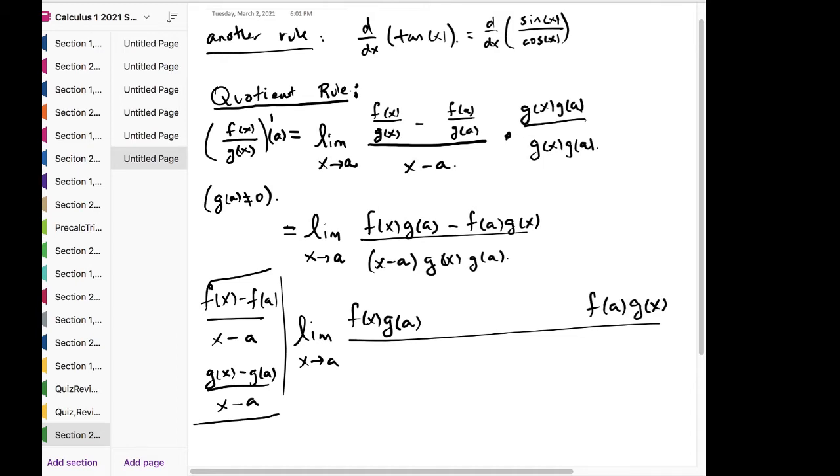So what I want to do is I want an f of x minus f of a. So let's put it in there. But what else would I need to multiply to isolate, or to make it f of x minus f of a? Right? There's a g of a in the way. So what I would need to do is multiply by g of a. Do you see why this would give me an f of x minus f of a? Because when I factor out the g of a, then I get f of x minus f of a.